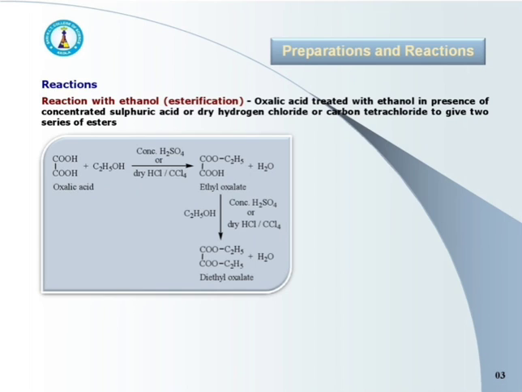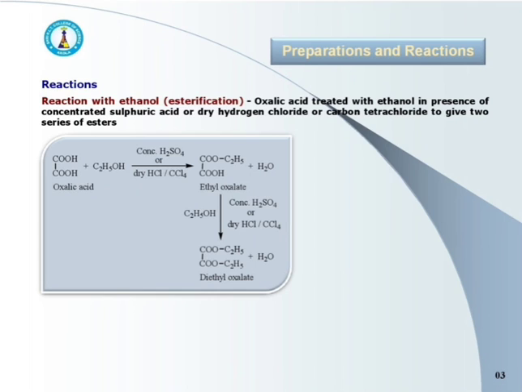Now see the reactions related to oxalic acid. Previous ones are the preparations of oxalic acid. Now the reactions of oxalic acid. First one, reaction with ethanol, that is esterification.